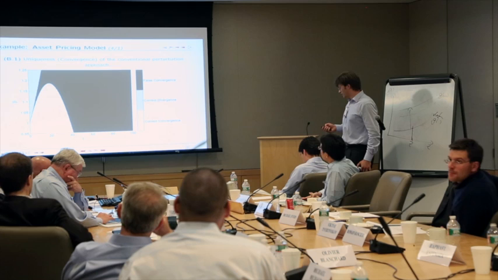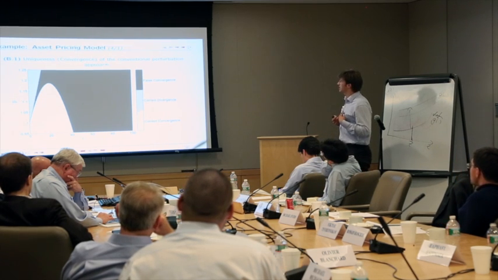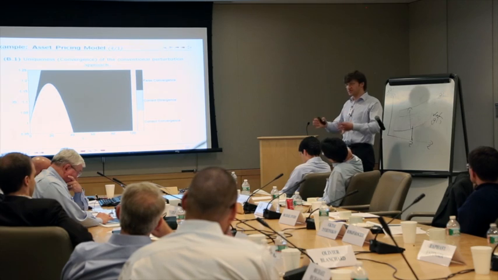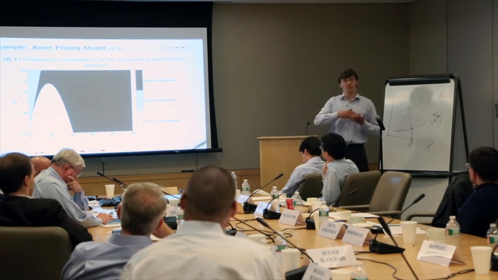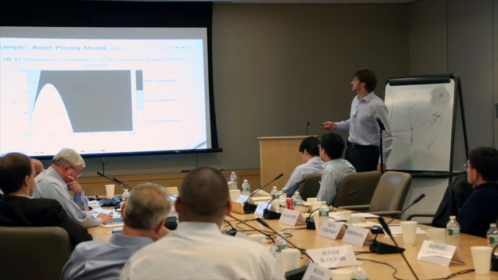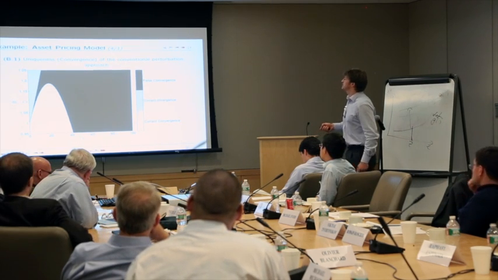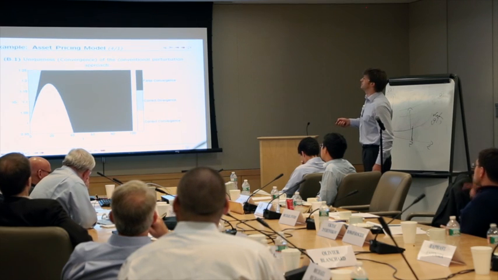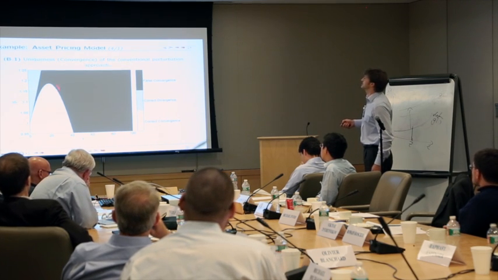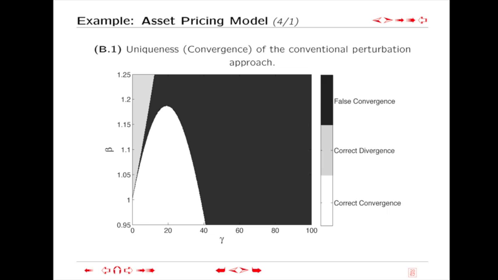Okay. So what I personally like most is the implications of the procedure in judging determinacy and existence. What I have here is a plot. It's exactly the same plot Burnside did in his paper, where you see different parameter specifications for the time preference and risk aversion.